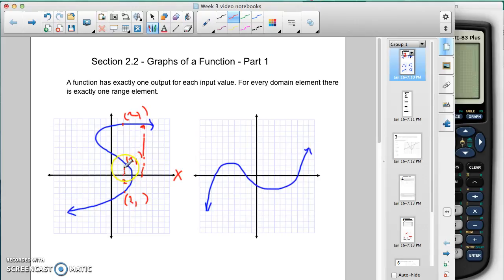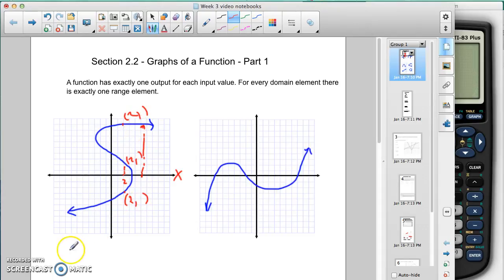This one is approximately 2.5. This one up here is about 2.8, and this one down here is about negative 3. So you have 3 answers for 2.